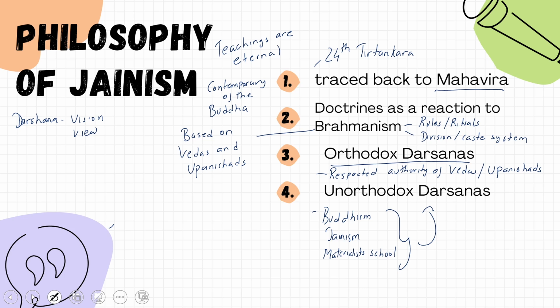And the reason for that being that they thought that the Vedas, the Upanishads had no authority. In other words, they did not believe in the authority of the Vedas and the Upanishads.